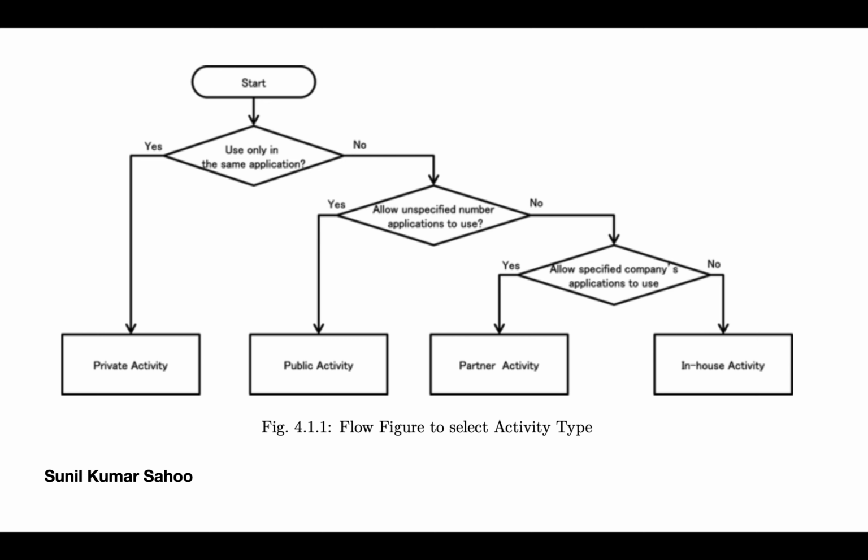So this is the overall flow diagram of the different types of activity. It is based on the mode of operation. Otherwise, in Android we know there are two types, implicit and explicit, but this is all about the explicit.